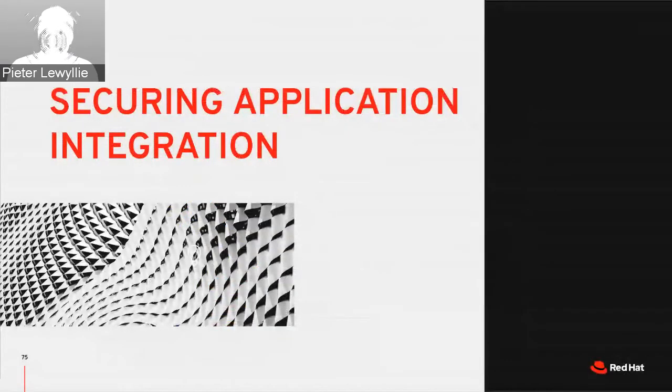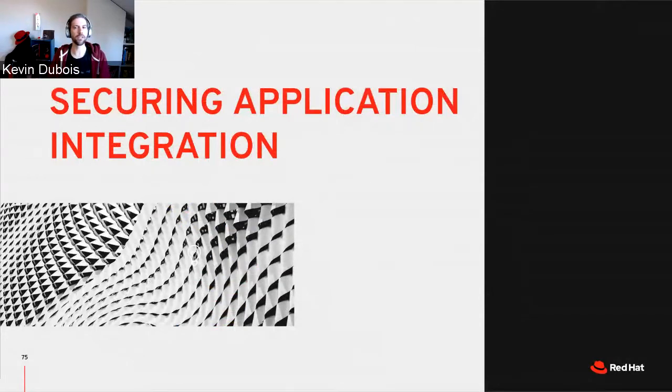And then moving forward, once you have your code built and your container images built, you also need to secure your application integration, right? So integration between different applications. And Dieter already mentioned, you can do that on a network level in OpenShift. And you can do that with things like an enterprise API management solution.